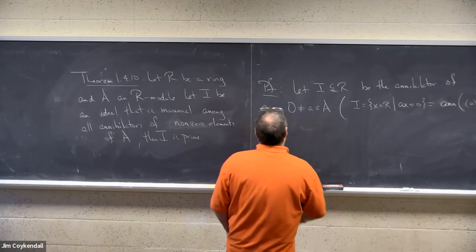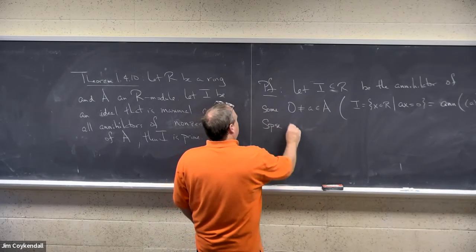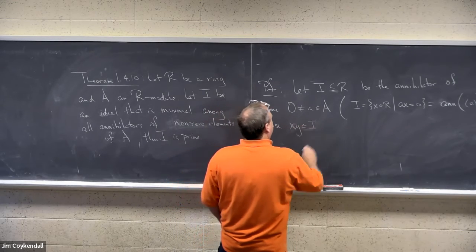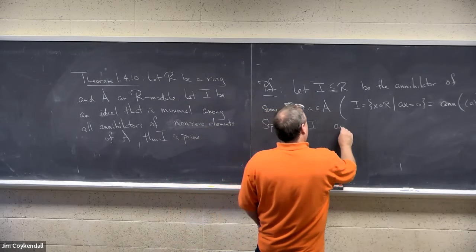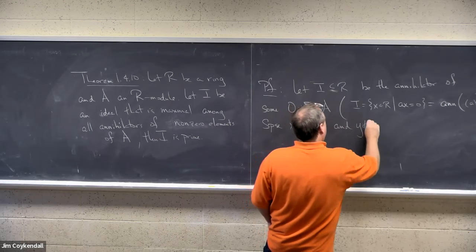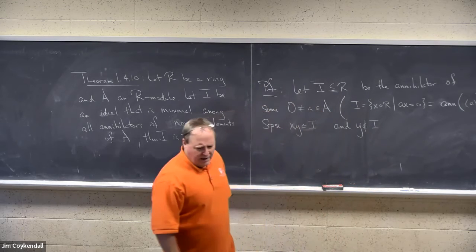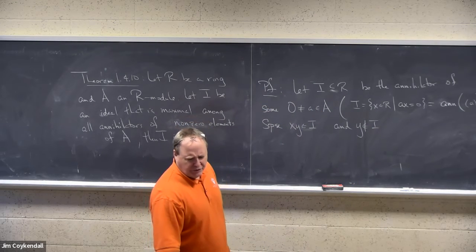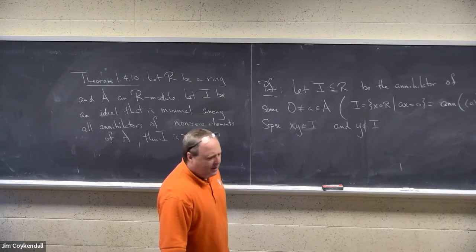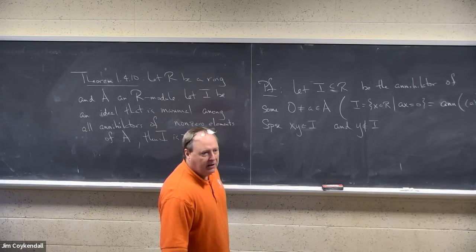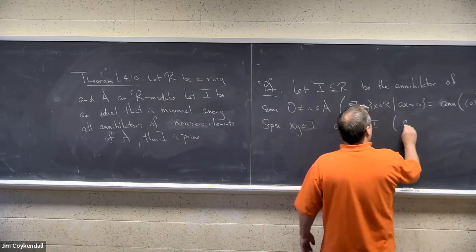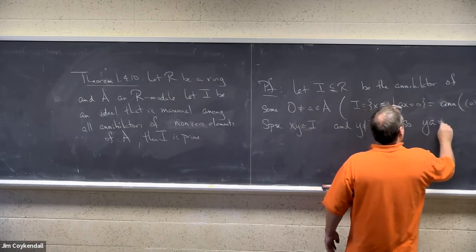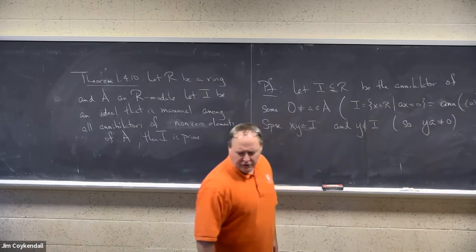Suppose XY is in I. Of course, if I want to show this is prime, so if Y is not in I, that means that Y does not kill A, right? So YA is not 0.